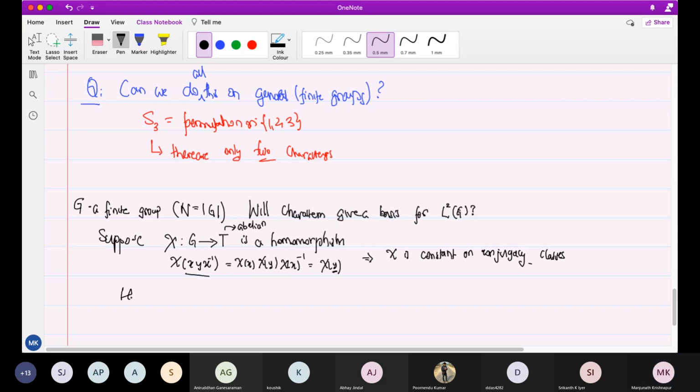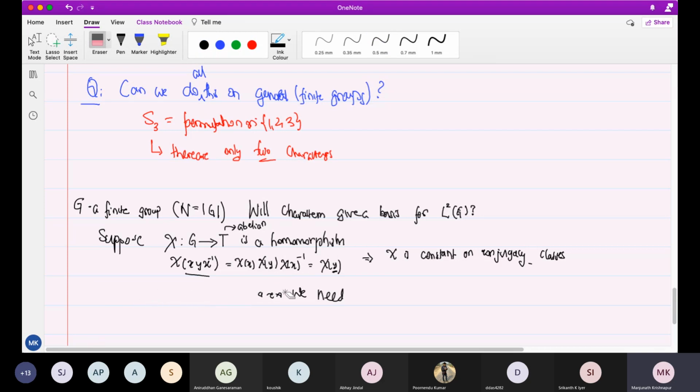Hence, to get n characters, we need how many? So what will be the dimension? It's constant on each conjugacy class, so how will you get an n-dimensional space?